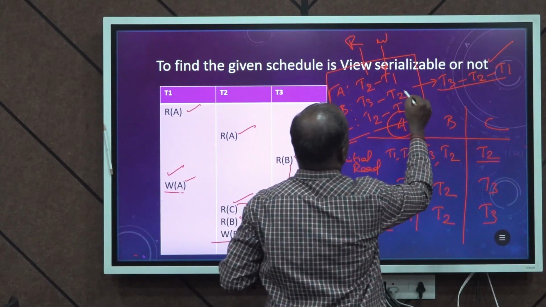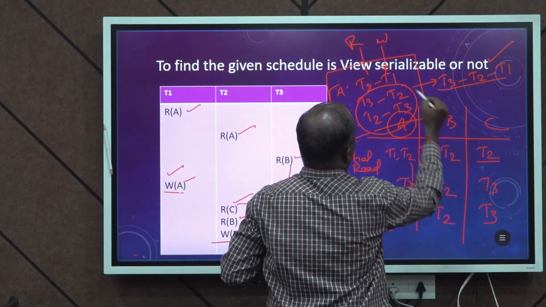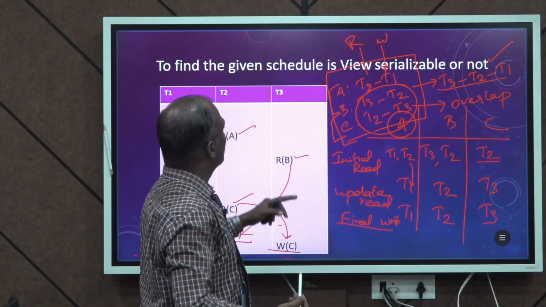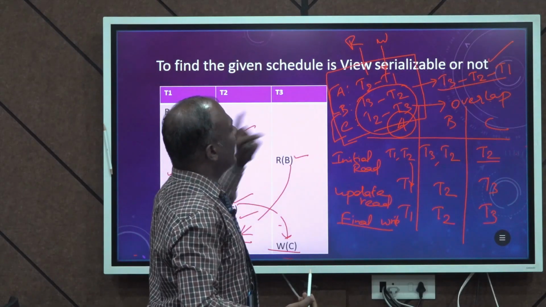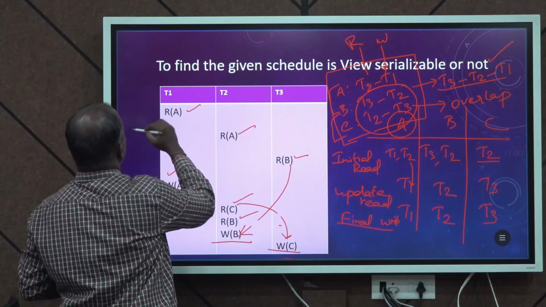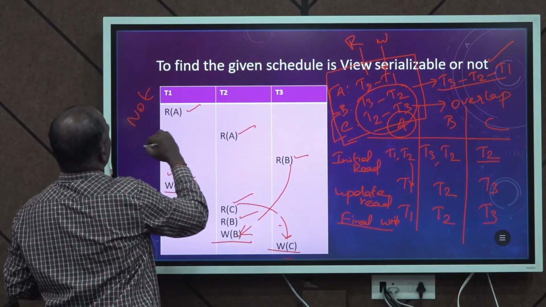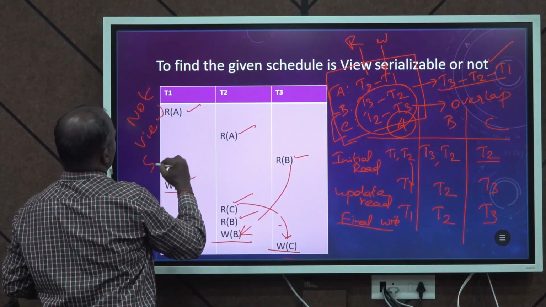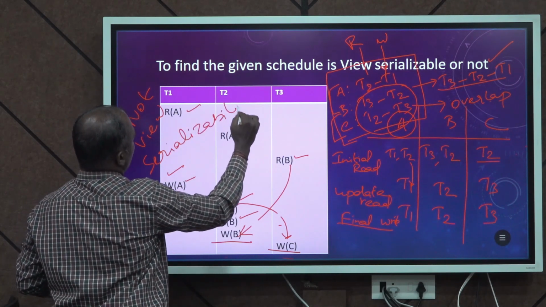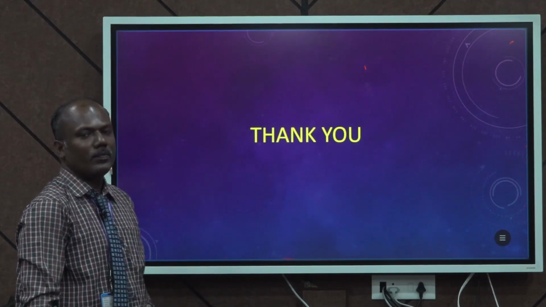So overlap is occurring, which means this is not view serializability, because the given schedule is not view serializable. Thank you.